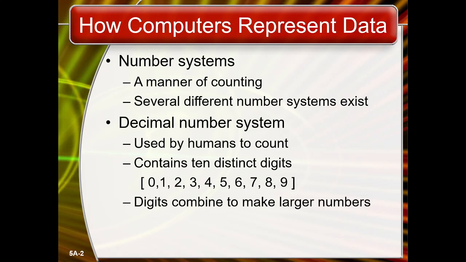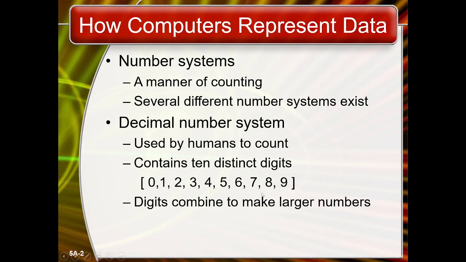So first of all, let's see what the decimal number system is. As its name says, deci means 10. The decimal number system contains 10 distinct digits, starting from 0 till 9: 0, 1, 2, 3, 4, 5, 6, 7, 8, 9.